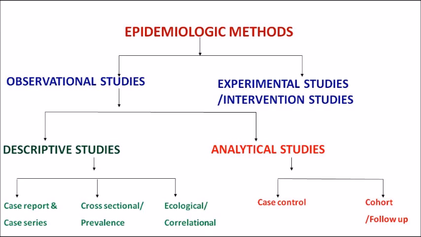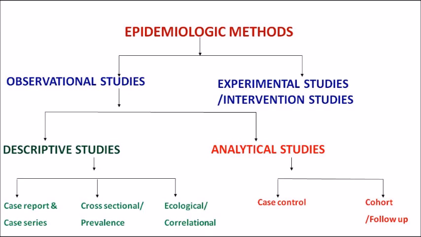Next, we have cross sectional or prevalence studies. These can be descriptive as well as analytical. In Soben Peter, they have given it under descriptive. In Park, they have given it under analytical. In Pulse, I think they have given it under analytical.